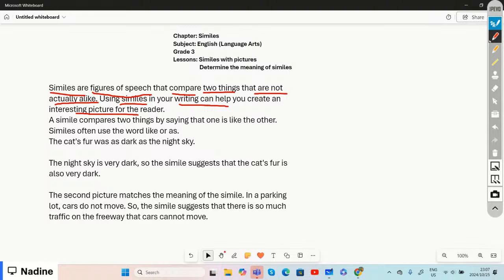So once again, a simile is a figure of speech. Usually, when we say figures of speech, it means it's not a direct thing, and it compares two things that are not actually alike.